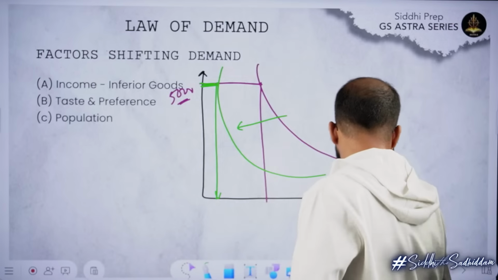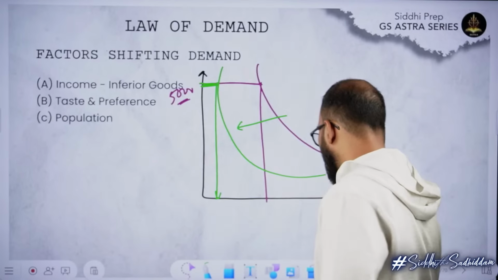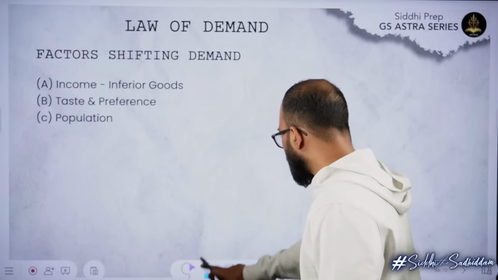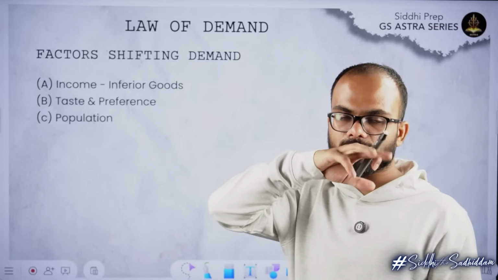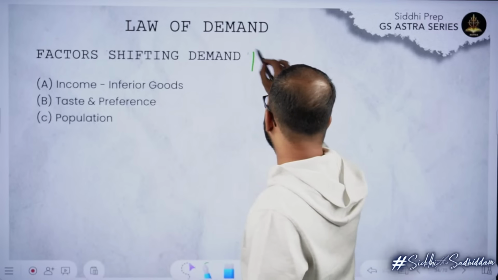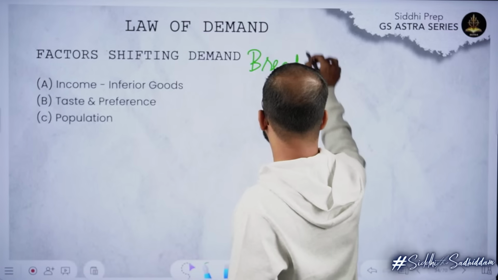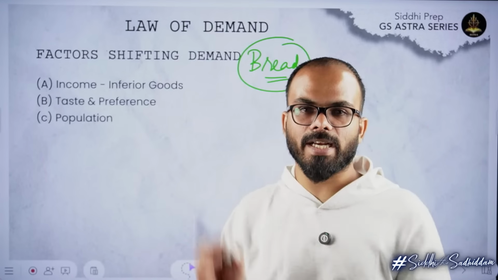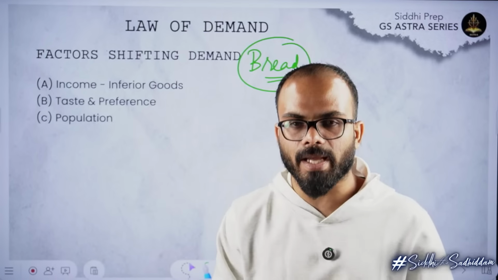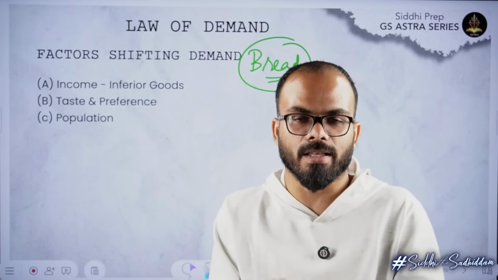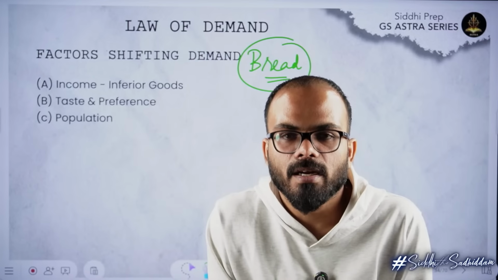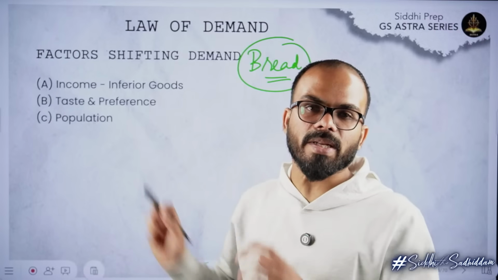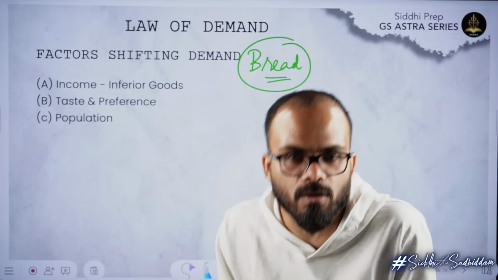Let us take one more example, the example of bread. Let us go with normal regular white bread, which is full of maida, full of sugar, which is not healthy. For my convenience in this example, I am considering bread as the inferior good.